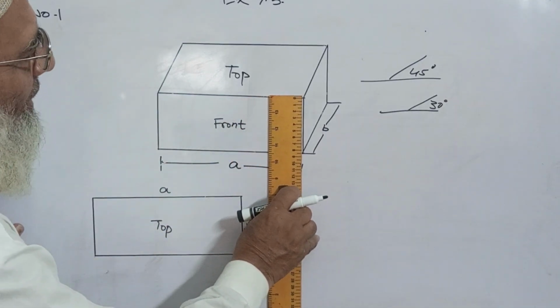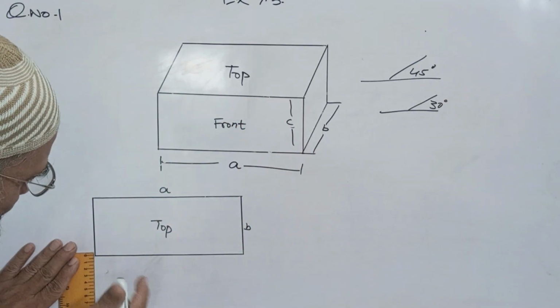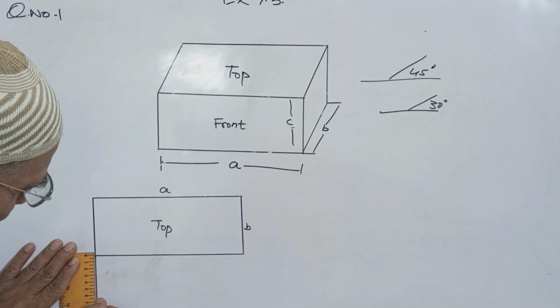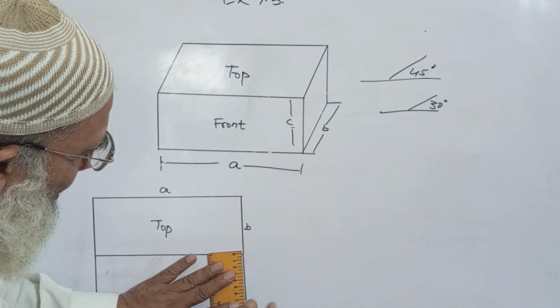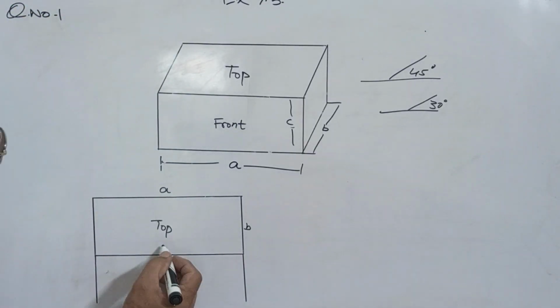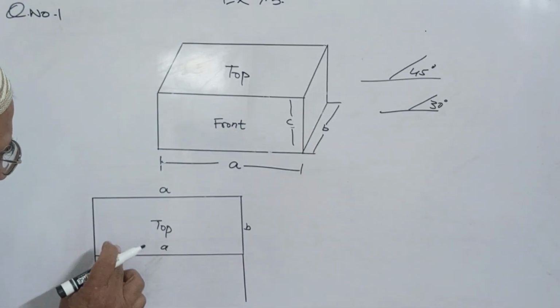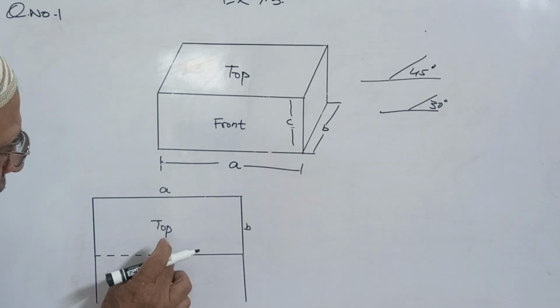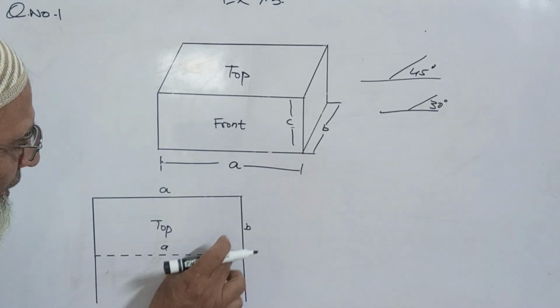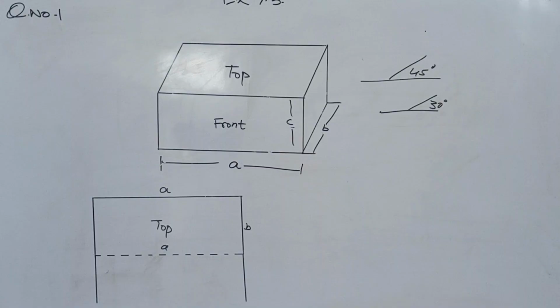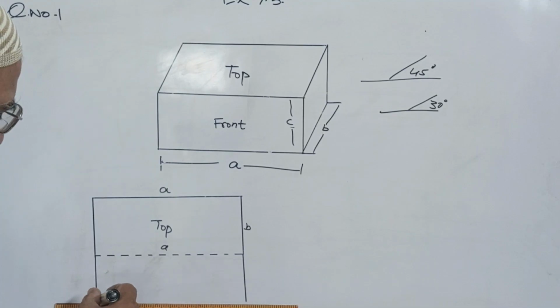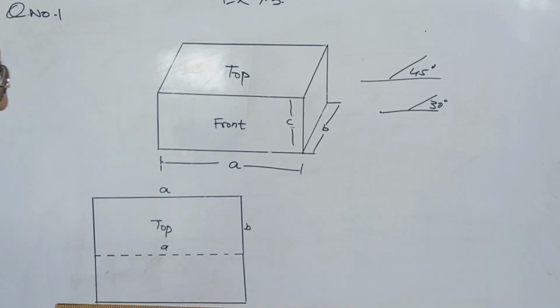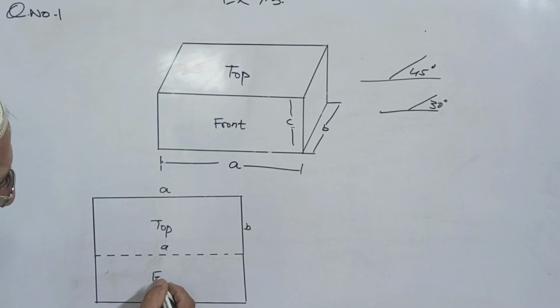Now C is 7, suppose. Draw 7 over here, and A has already been drawn over here. Now I am going to make it a dotted line, because from here we will have to fold it. Okay, now these are the two figures which we have done.